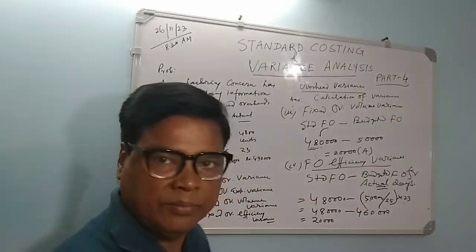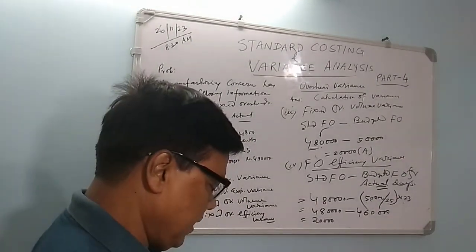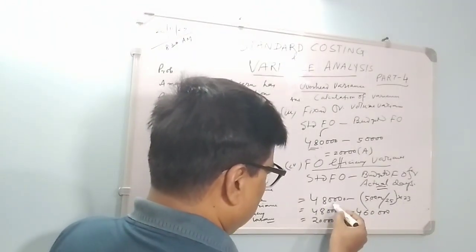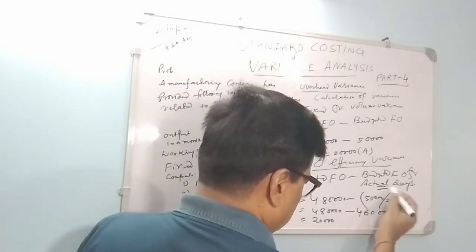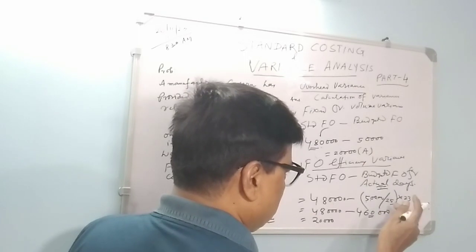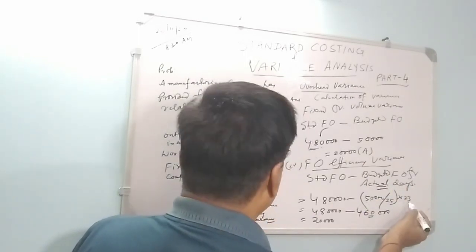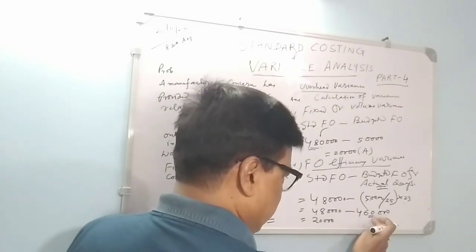Now the question comes whether this variance is favorable or adverse. You see that standard fixed overhead, budgeted fixed overhead for actual days. That means this relates to budgeted fixed overhead for actual number of days. So since your actual number of days is less, definitely your figure is coming less.